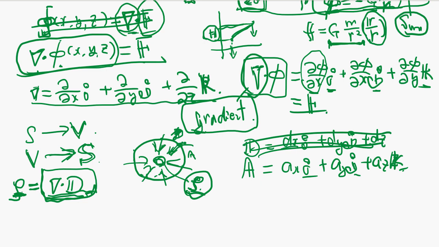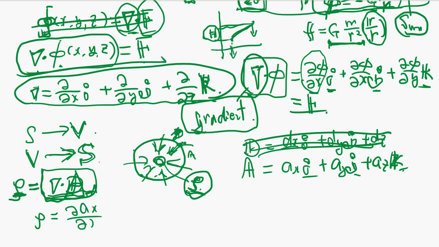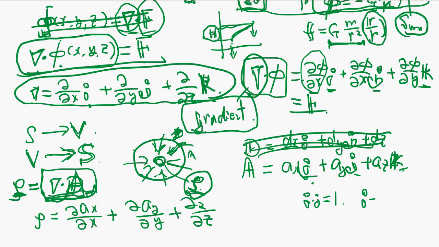So this is nabla, how it works. Since nabla is this, and d is this, we change to A, because d is confusing. So it's going to be ax plus ay plus az, because i times i, inner product is scalar 1, and i times j, inner product is 0.